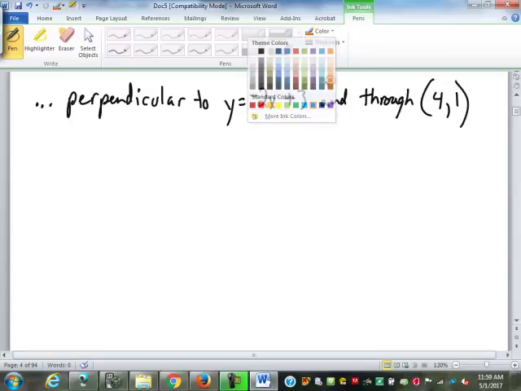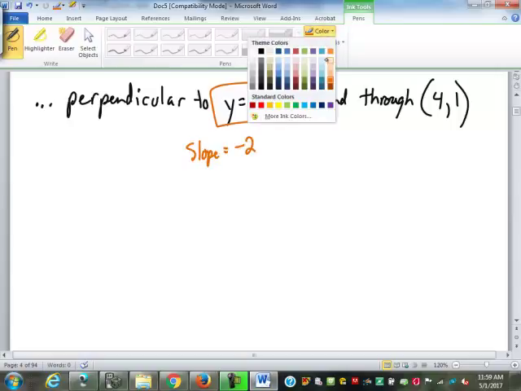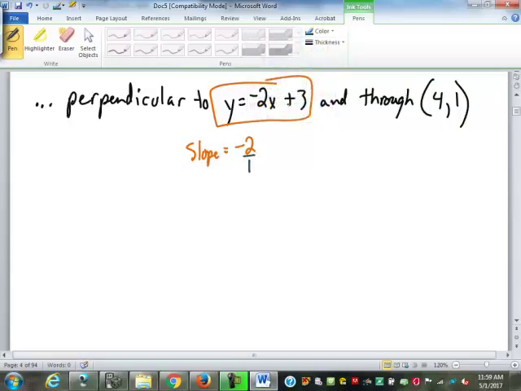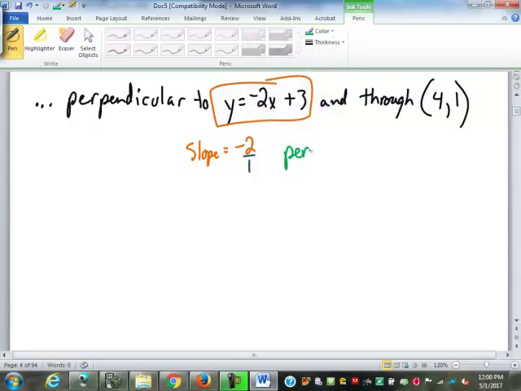So again, all we want out of here is the slope. The slope of that is a negative 2. You might think of it as a negative 2 over 1. For the perpendicular, it's going to be the opposite, so that's negative. This will be positive. Reciprocal, 2 over 1 becomes 1 over 2.